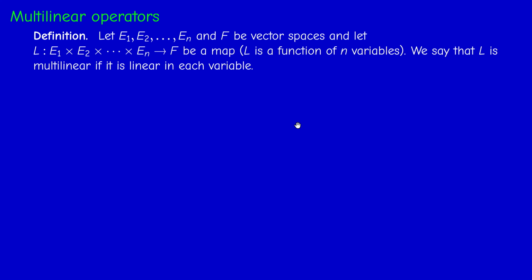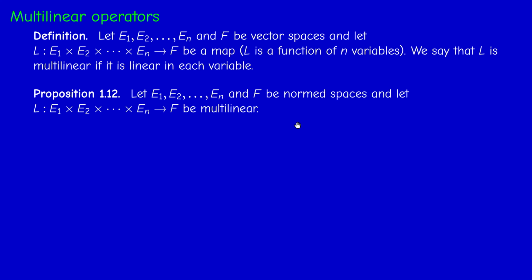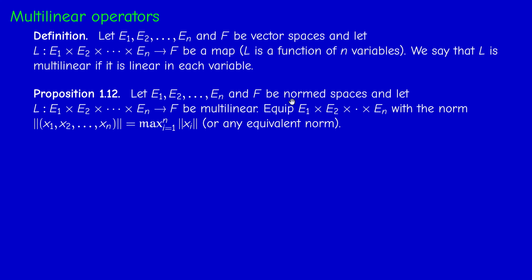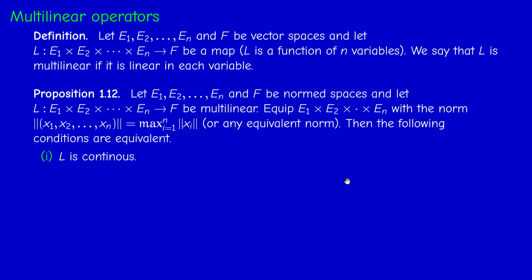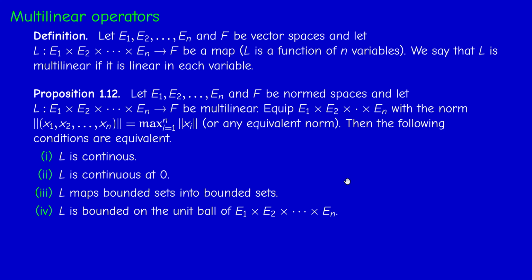And now the characterization of continuity is given by an analog of proposition 1.11. So of course we take just the same notation. We take on the product the maximum norm, and we have an equivalence between the 6 conditions.